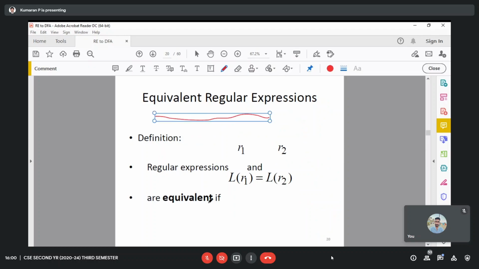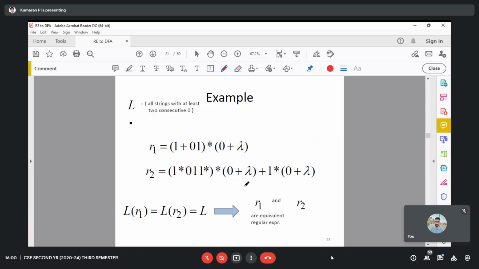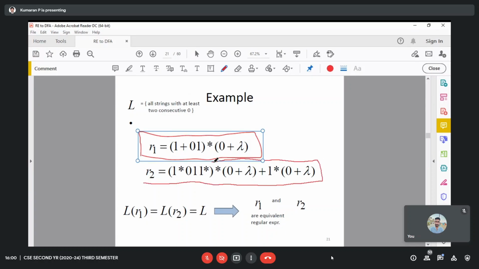Okay, so now I'll come to this regular expression. The same way, whenever you have two regular expressions and both produce the same language, then you can say that both are equivalent. Now you can see here, I have one regular expression here and another regular expression here.